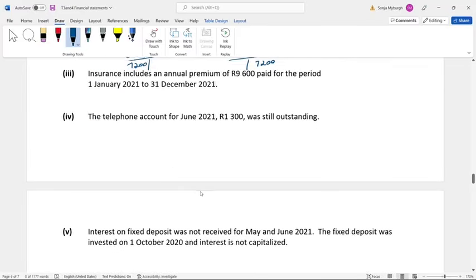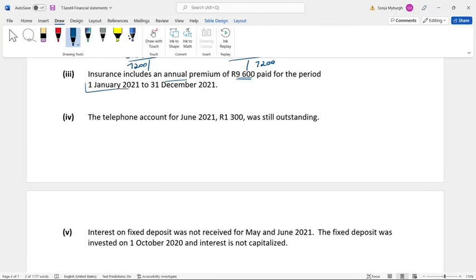The third adjustment, insurance, includes an annual premium of 9,600 paid for the period the 1st of January until the 31st of December. So this was for a year. But we know our year ends on the 30th of June 2021. And if we draw our timeline again, we'll see 6 months.